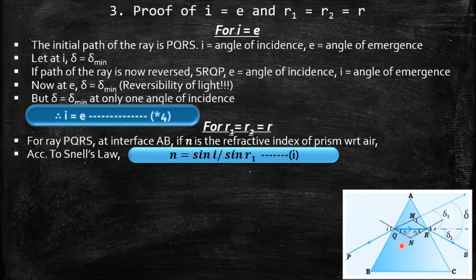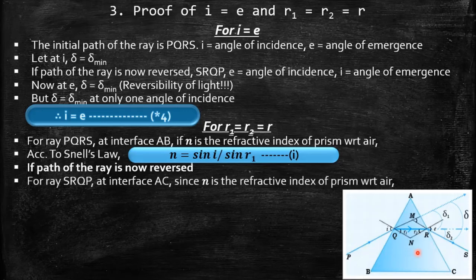So obviously N for this ray, that is PQRS, is going to be equal to sine I upon sine R1. Now what if the path of the ray is reversed? That is, now the ray is traveling from SRQP. Can I still find out the refractive index of the prism with respect to air?